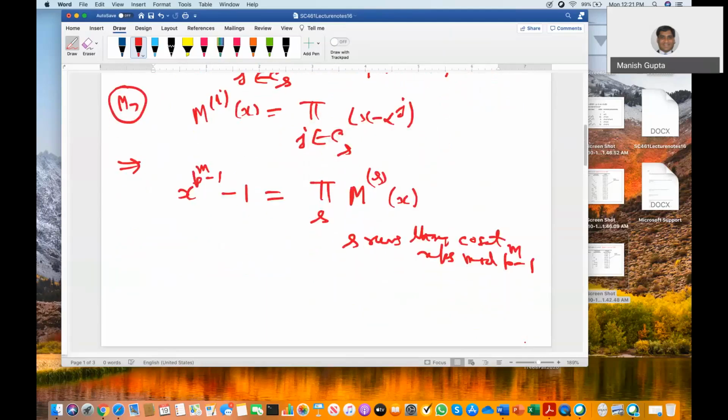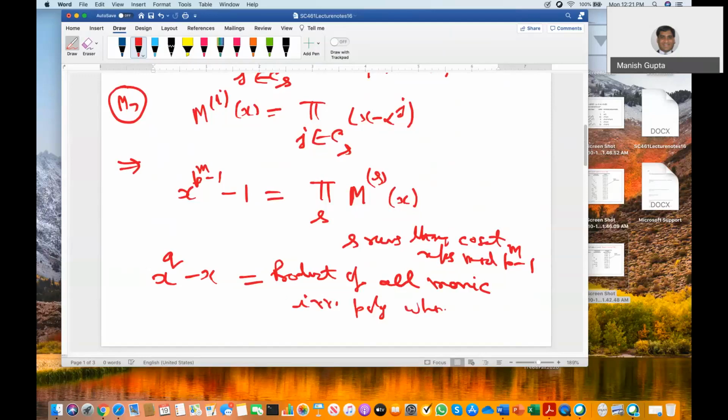And hence, x raised to the power q minus x is nothing but the product of all monic irreducible polynomials over GF(p) whose degree divides m. This is the main result of the factorization.